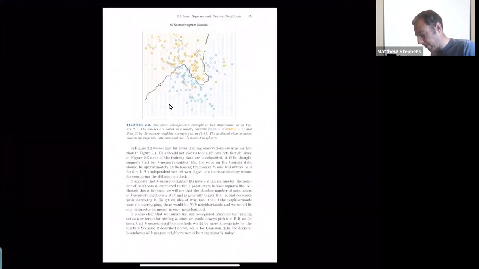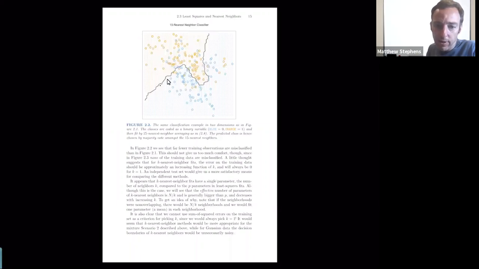This next figure, figure 2.2, is showing a decision boundary, the black squiggly line rather, which is based on 15 nearest neighbors in this case. Okay, so the way this works is that for a new data point, you classify it. How do you classify it as being orange or blue? You look at its nearest neighbors. In fact, you look at its 15 nearest neighbors.